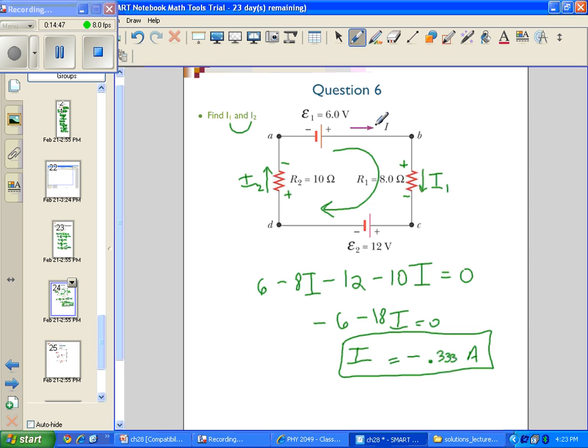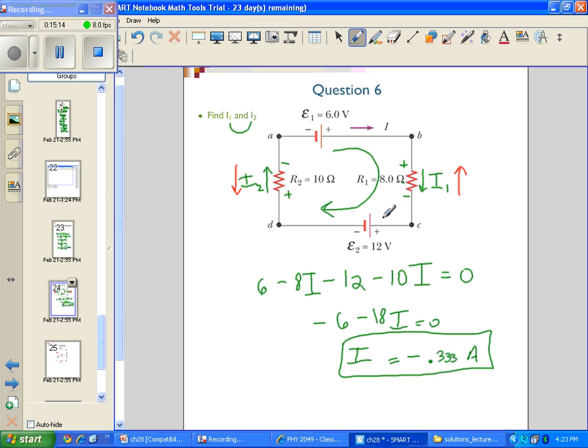Well, what it means is that the initial guess for the direction of the current was incorrect. In fact, the current flows through the circuit not downward across R1 and not upward across R2, but rather upward across R1 and downward across R2.